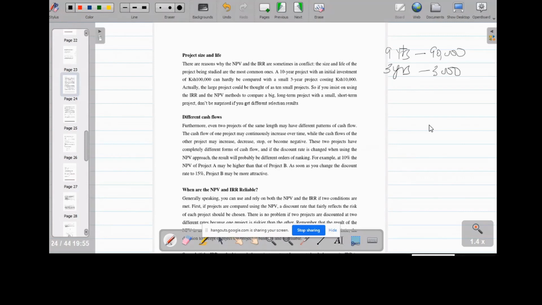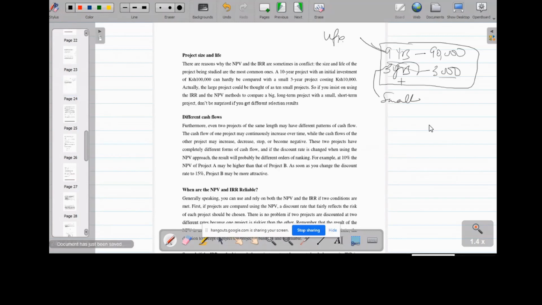So when you do the evaluation here, based on the project size, you can see this is a big project with a big life of 9 years. This is a small one, with a small lifespan compared to the earlier project.